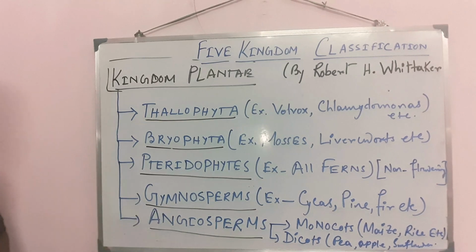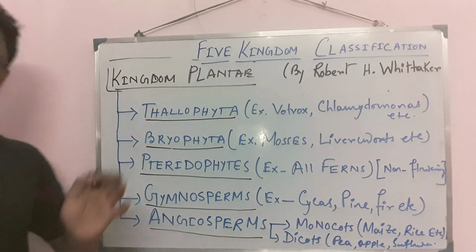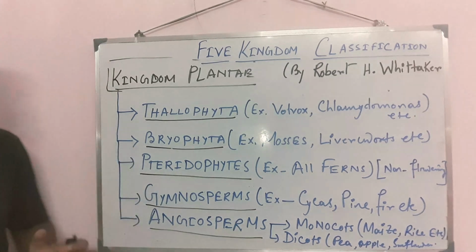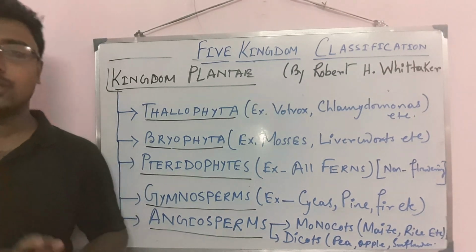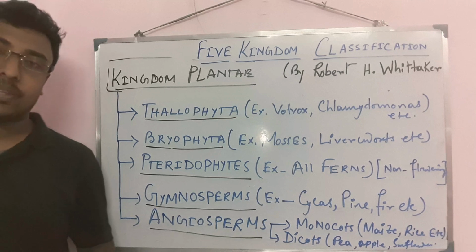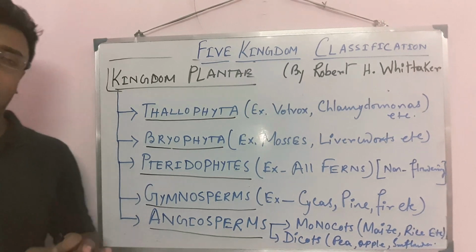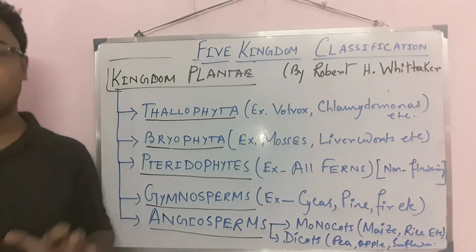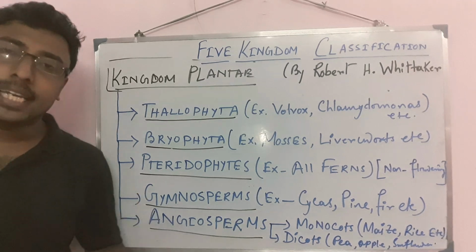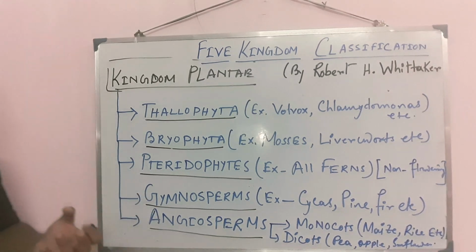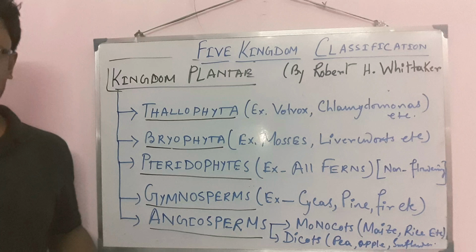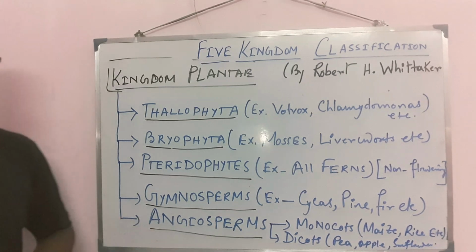Next is gymnosperms. The main characteristic feature of gymnosperms is that their body may be differentiated into root, stem and leaves, but their seeds are not enclosed in fruits. They have naked seeds, which are known as cones.